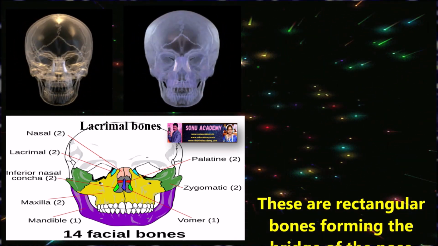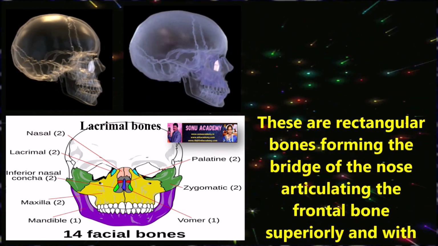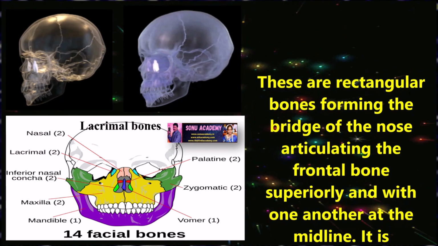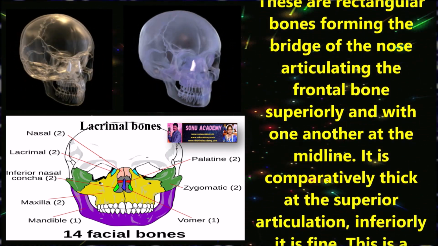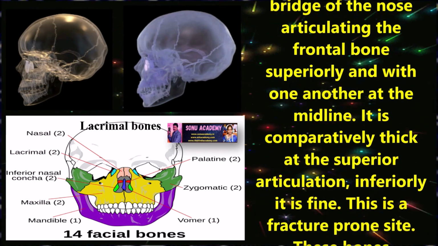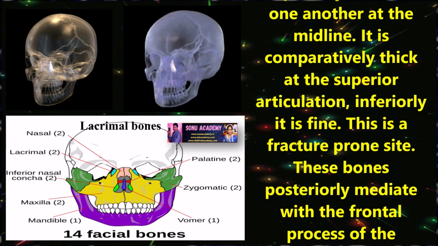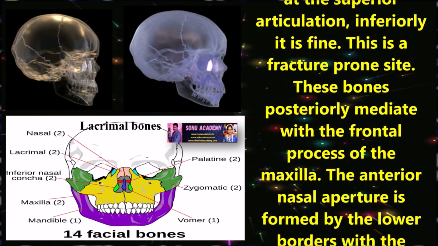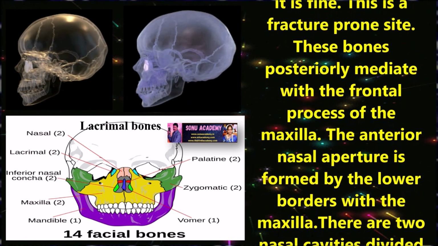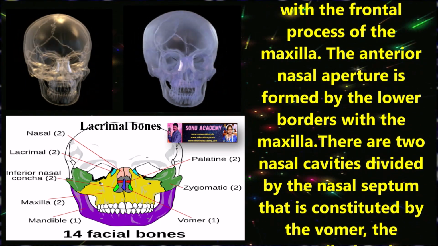Children, let us discuss the lacrimal bones. These are the most fragile and the smallest facial bones and are located at the front part of the medial wall of the orbit. It is a paired bone anteriorly articulating with the frontal process of the maxilla and posteriorly with the lamina papyracea of the ethmoid. It articulates superiorly with the frontal bone and inferiorly with the orbital plate of the maxilla.